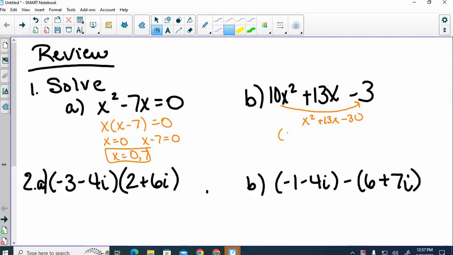So this is factored into x plus 15, x minus 2. Pretend I had a equals 0 up here. Okay. Then we have to divide by 10. So 5 over 10 reduces to 3 over 2. 2 over 5 is, or 2 over 10 is 1 over 5.